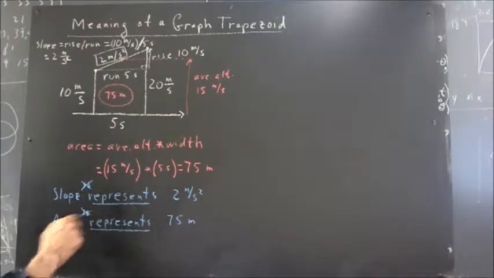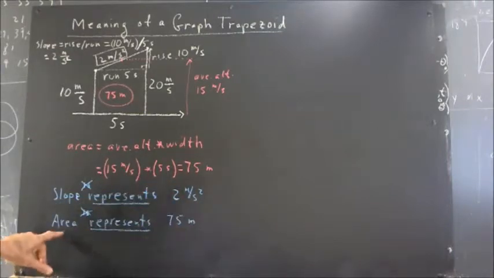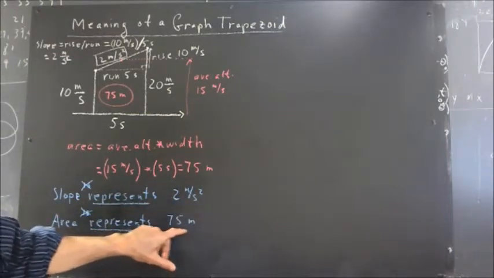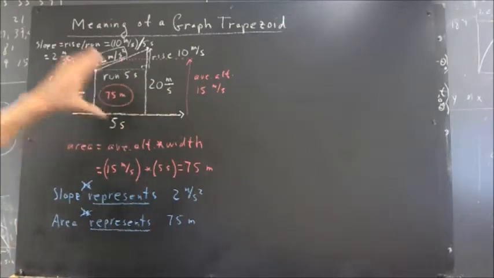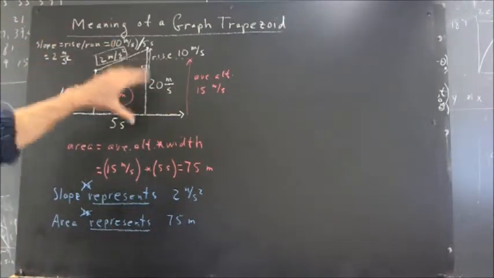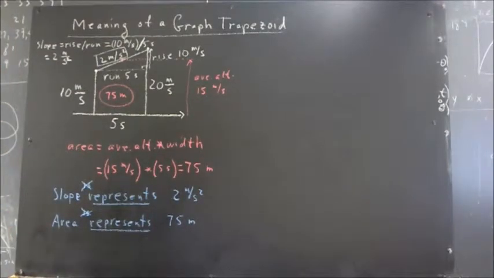So I'm going to cross it out and say the slope represents 2 meters per second squared. The area represents 75 meters. Now, the 2 meters per second squared and the 75 meters, in turn, represent certain quantities if you give the information in the original graph a certain interpretation, and we're going to talk about that interpretation in the next video.